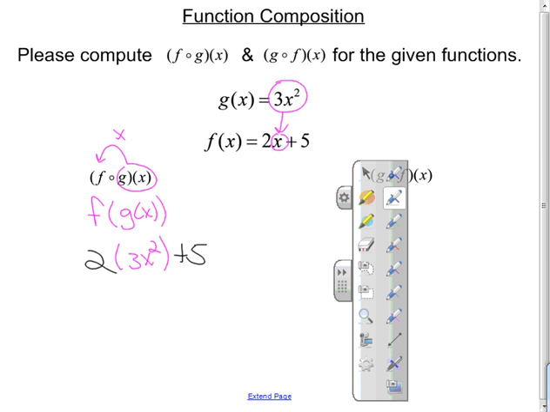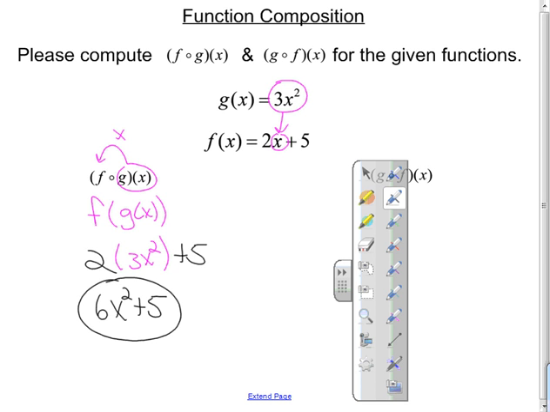Again, I've taken 3x squared and plugged it in for x in f of x. So what does that give me when we continue on? Just to do some quick simplifying, it gives me 6x squared plus 5. And that is the answer.